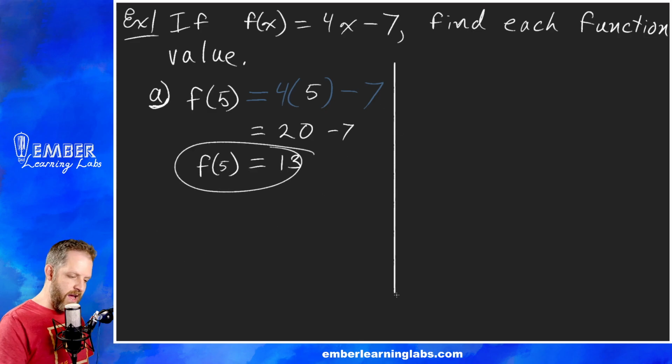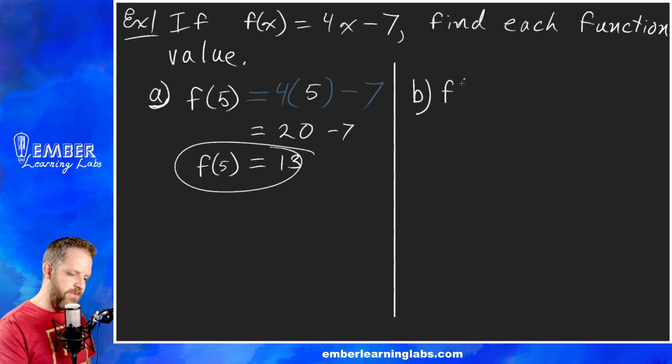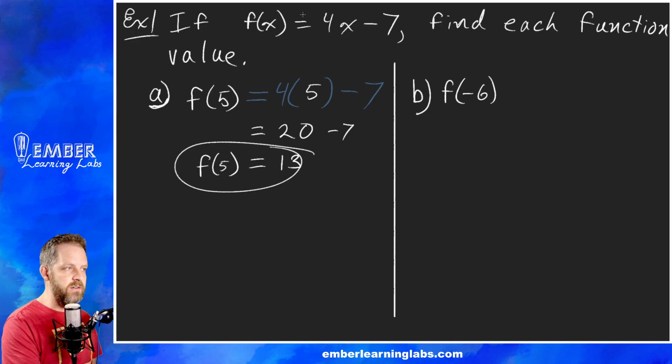So there's part A. Let's do part B of this same problem. Okay, we want to find f of negative 6. So we still have f of x to find up here in this particular problem. And so we're going to rewrite that guy with parentheses where the variable is. We're going to substitute this in for x.